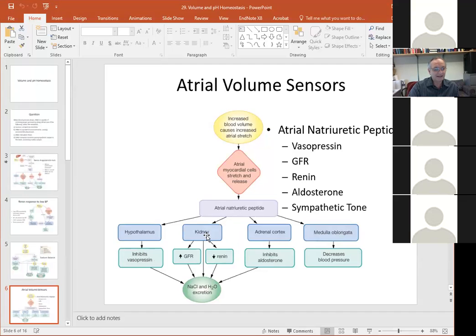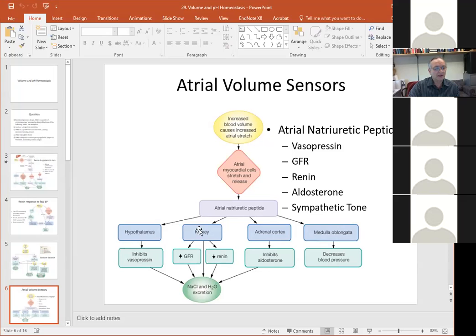The kidney receives the hormone in its receptors, and the juxtaglomerular apparatus is told not to put out so much renin because we don't want to reabsorb sodium or cause vasoconstriction through the angiotensin aldosterone mechanism.